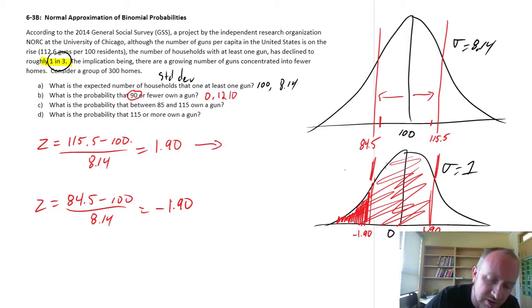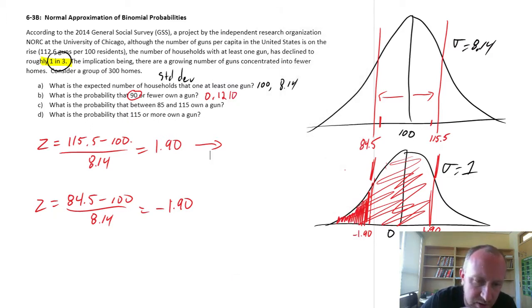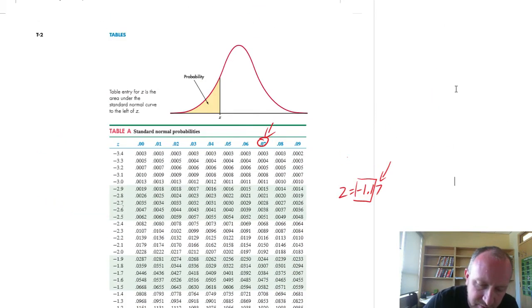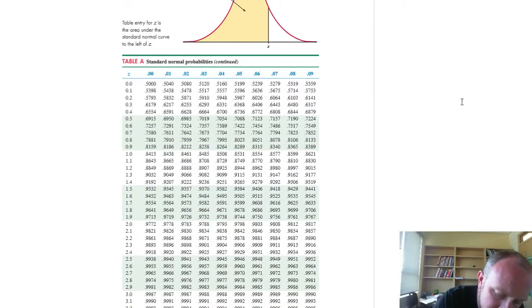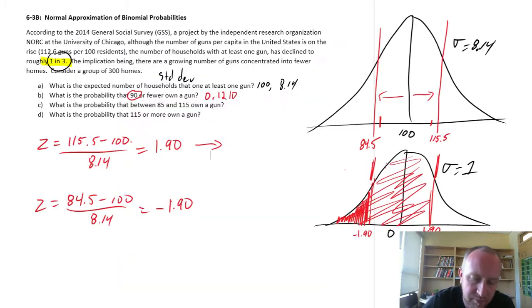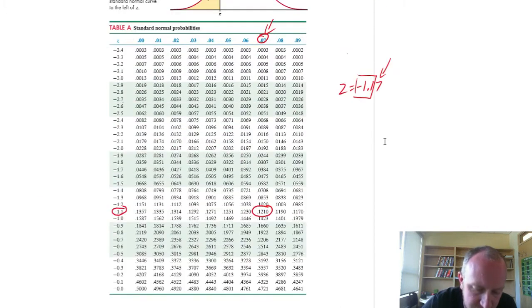So let's first look up positive 1.9 in my Z table. Positive 1.90 is 0.9713. Negative 1.90 is 0.0287.